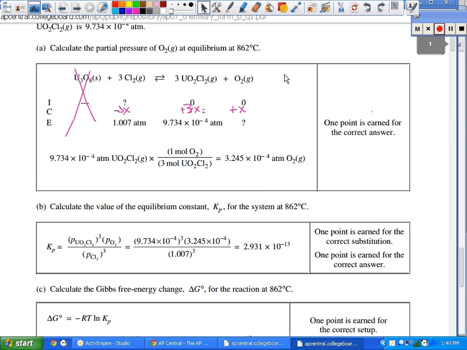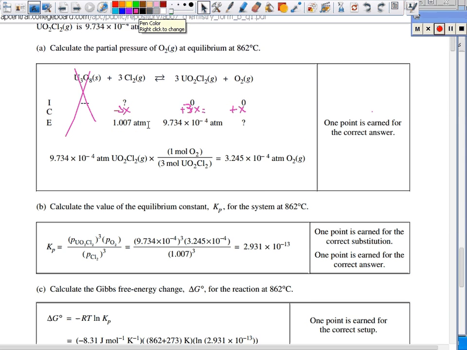My only thing is, and here's my thing, if you set these two things, 1.007 minus, or negative 3x minus that, it's not going to give you that value, correct? Are you with me? Bottom line is, this is what I want you to write. That's what I want you to write.